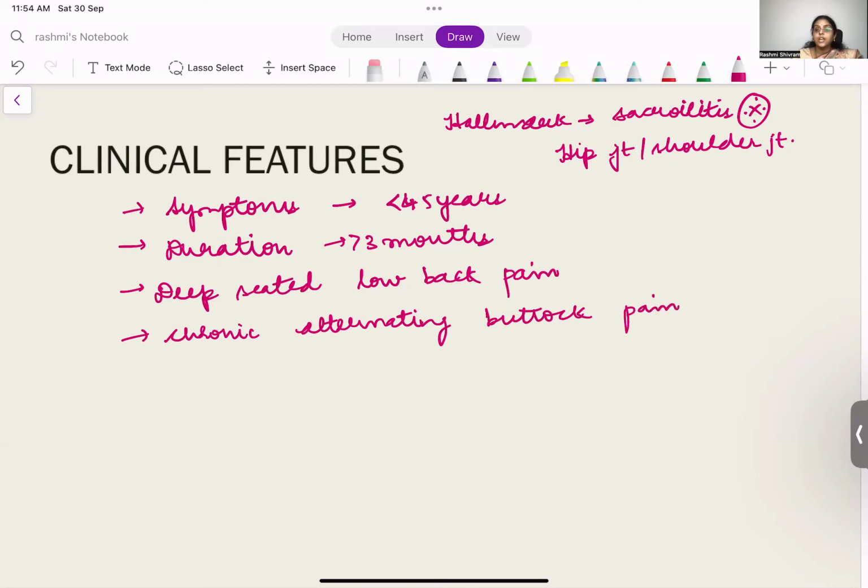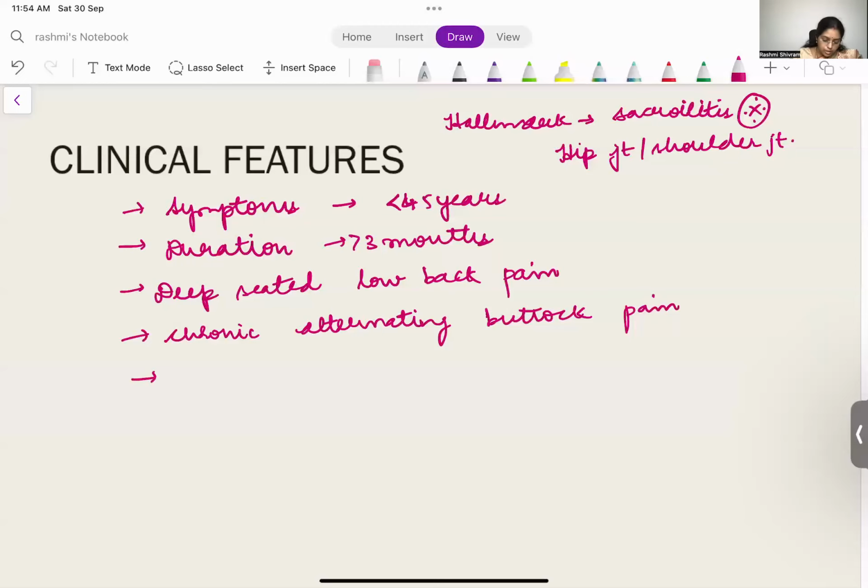What do you mean by this? One day, one gluteal region will be paining. The next day, the other gluteal region will be paining. This alternating gluteal region pain is very characteristically seen in ankylosing spondylitis. The patient can have a deep-seated low back pain, or a chronic alternating buttock pain, which is most commonly found only in ankylosing spondylitis. So this is a very important clinical feature.